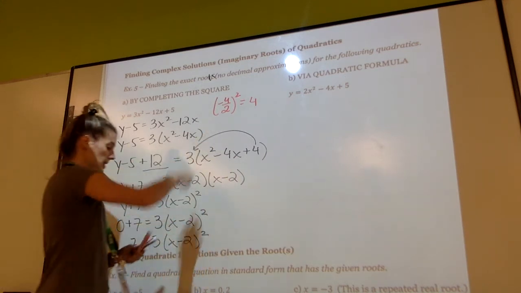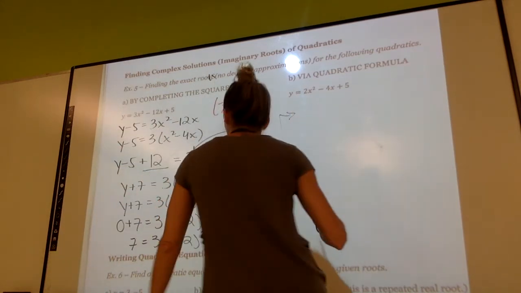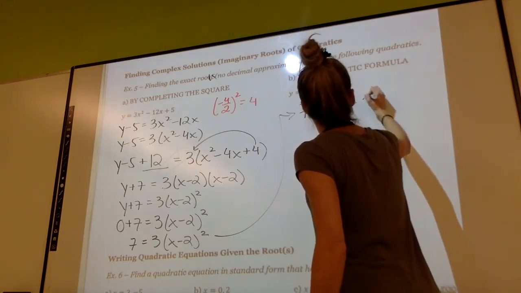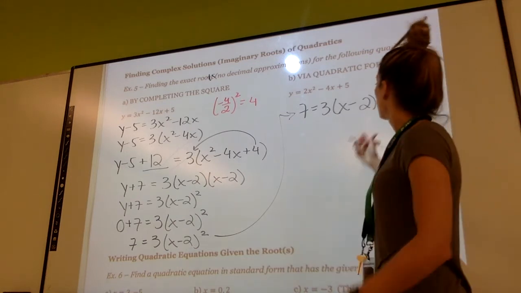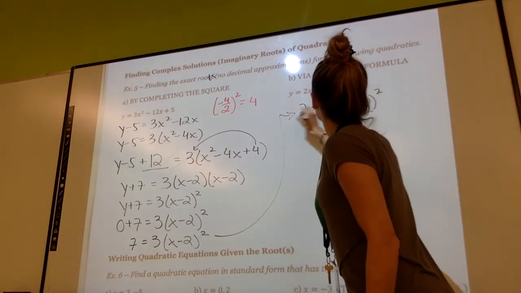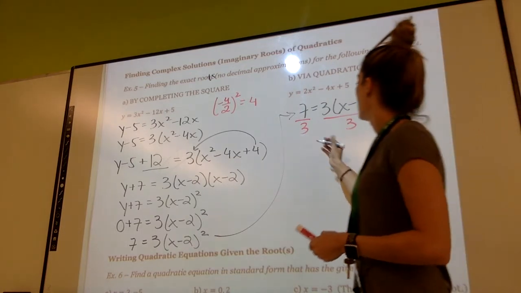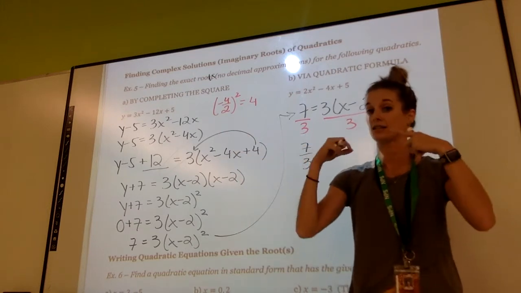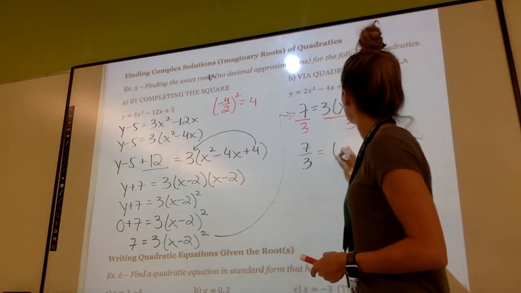I'm going to rewrite that equation: 7 equals 3 times (x minus 2) squared. Why don't we move to dividing by 3 at this point? So 7 divided by 3, I'm going to keep that improper fraction because the directions said find the exact roots. So no decimal approximations here, keeping everything nice and exact.